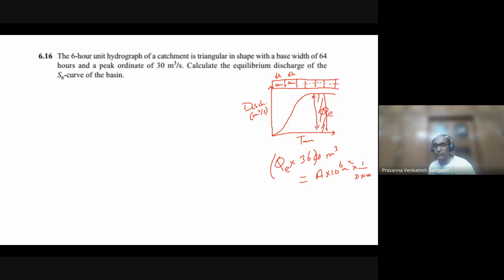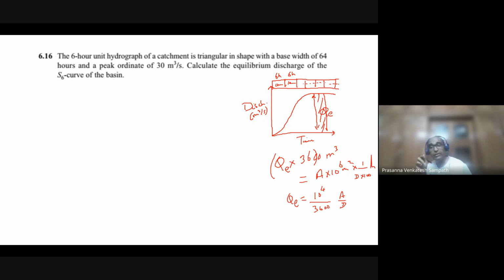If I multiply it, I'll get A into 10 to the power 4 by d meter cube. So if I rearrange this, I'll get QE equal to 10 to the power 4, because 10 power 6 with a 100 in the denominator becomes 10 power 4, divided by 3600 into A by d.